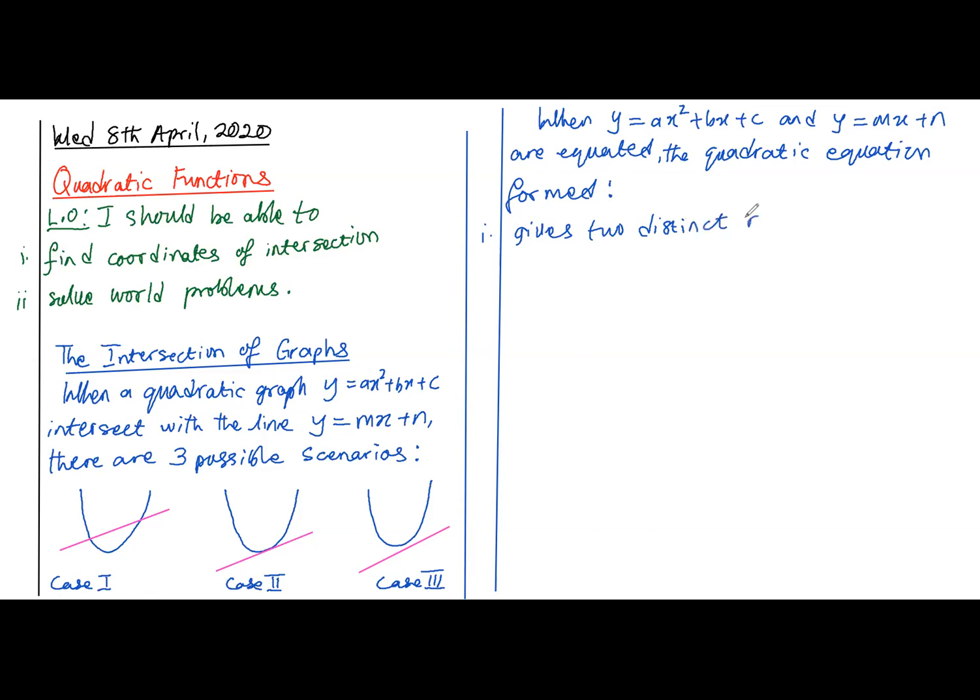Distinct roots in case one. This means the line and the curve, there are 2 points of intersection. Let's put it that way.